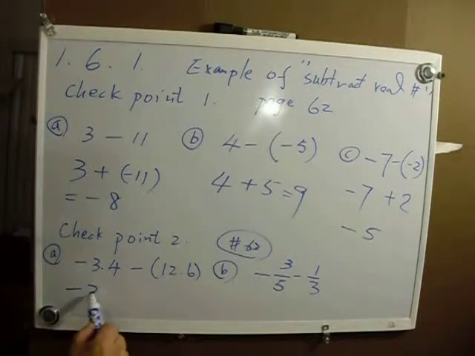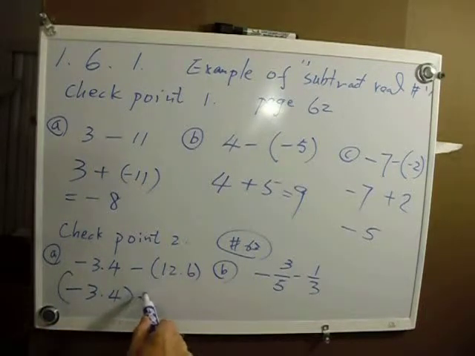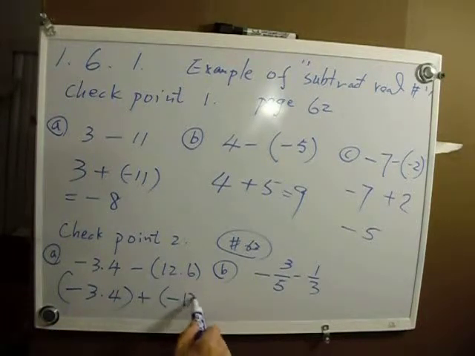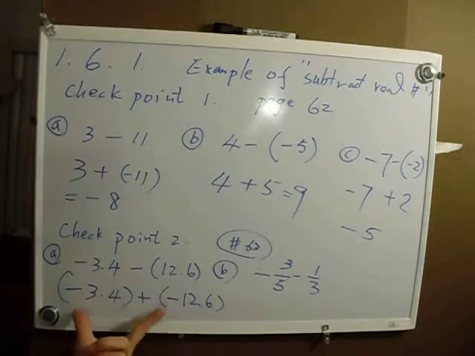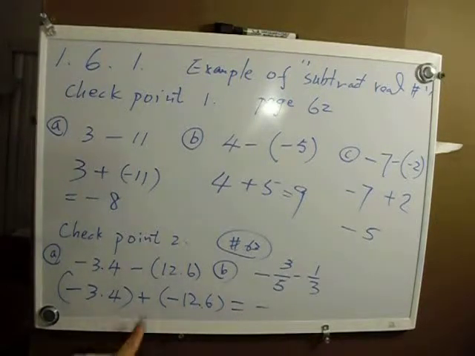We're going to use the addition rule. Negative 3.4 add to the negative 12.6. Okay? Then we use the addition rule. Two negative numbers added together, we keep the negative sign, and then add the absolute values of 3.4 and 12.6.